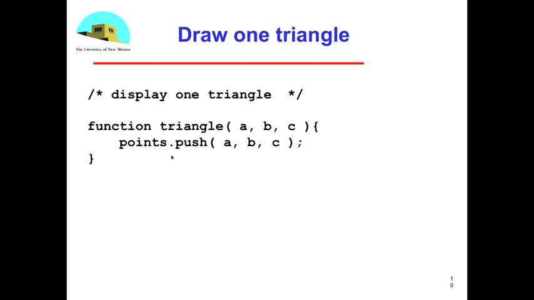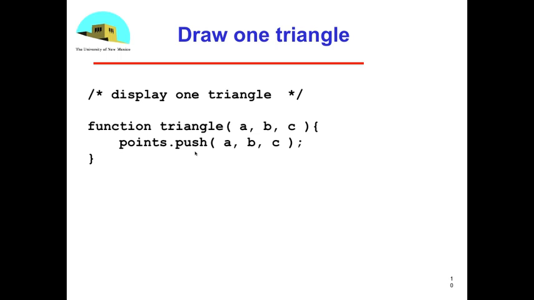Now, how am I putting them in an array? One way, if you compare the code to the C, C++, Java way of doing it, is you keep track of how many elements are already in the array, and then you put 3 more in there, and you either malloc the array, or you know how many levels you're going to go and just have a big array. Here's a much more interesting way in JavaScript. You use push.